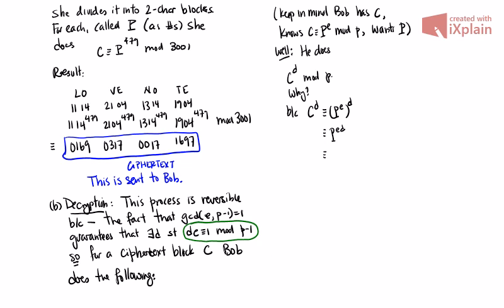We know that DE is 1 mod P minus 1. So DE is 1 plus a multiple of P minus 1. So this is P to the 1 plus a multiple of P minus 1. This is all mod P.